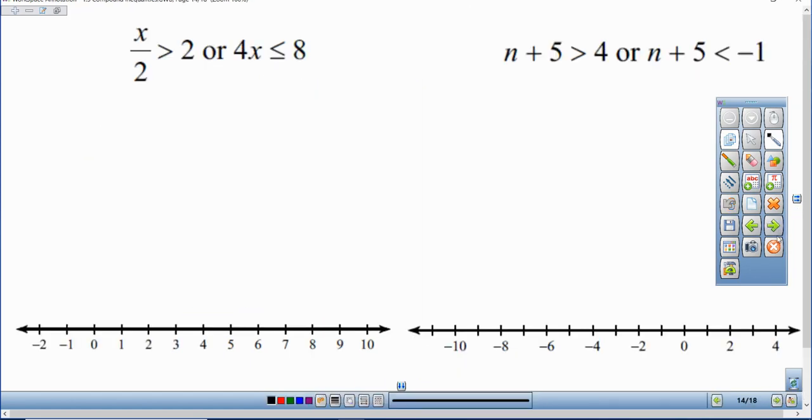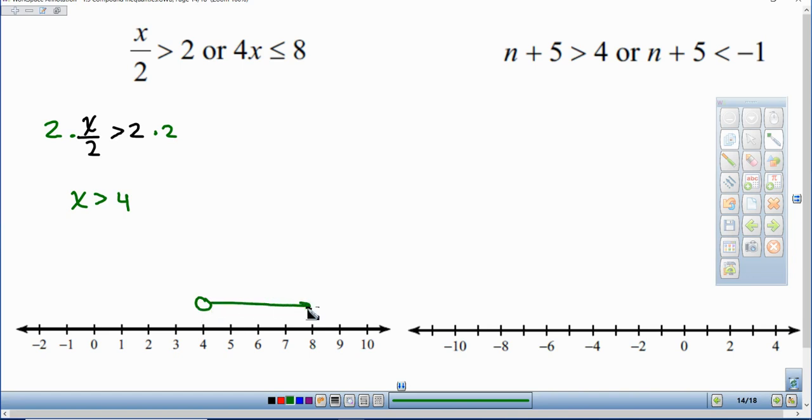Let's look at a couple more examples of the or type. We have x over 2 is greater than 2. I'm going to multiply by 2 on both sides to get x by itself. So any number, that's how I like to read it, any number greater than 4. So I go to 4, any number greater than 4 is fine.